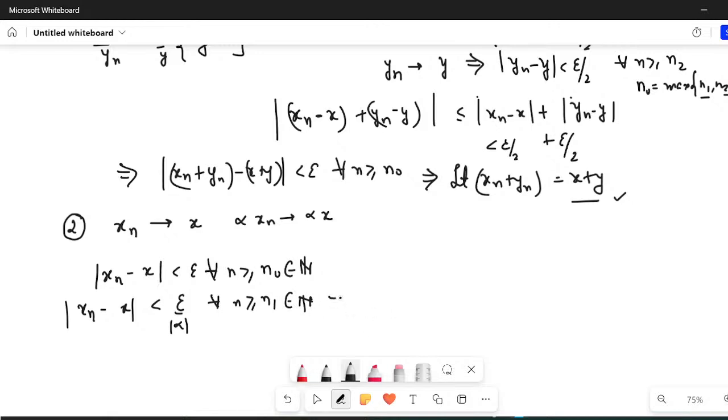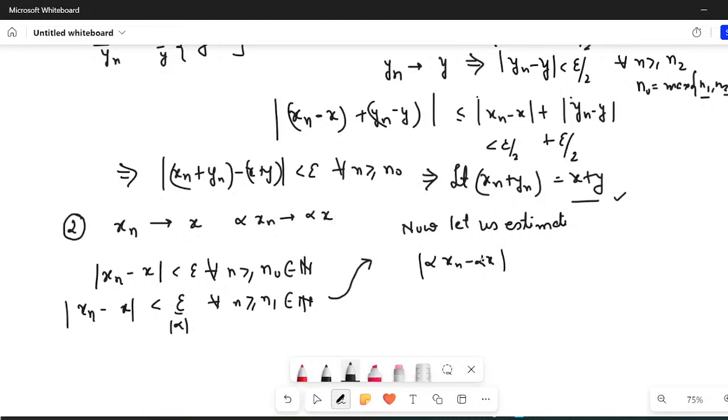Okay, now let us estimate. What do we need to estimate? We need to estimate the distance between alpha xn and alpha x. My claim is that alpha xn converges towards alpha x, so alpha x is the limit of alpha xn. So what do I need to see? I need to see the distance between alpha xn and alpha x.